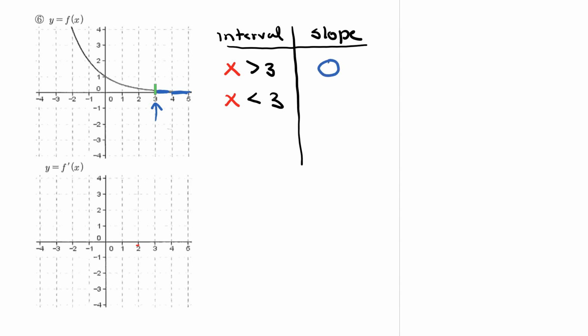And then when you go to the left of 3, everything less than 3, the slopes are behaving in a way where they are getting bigger, but it's getting bigger in a negative way, right? So maybe this has a slope of -1, then a slope of -2, then a slope of -3, then a slope of -4, then a slope of -5.